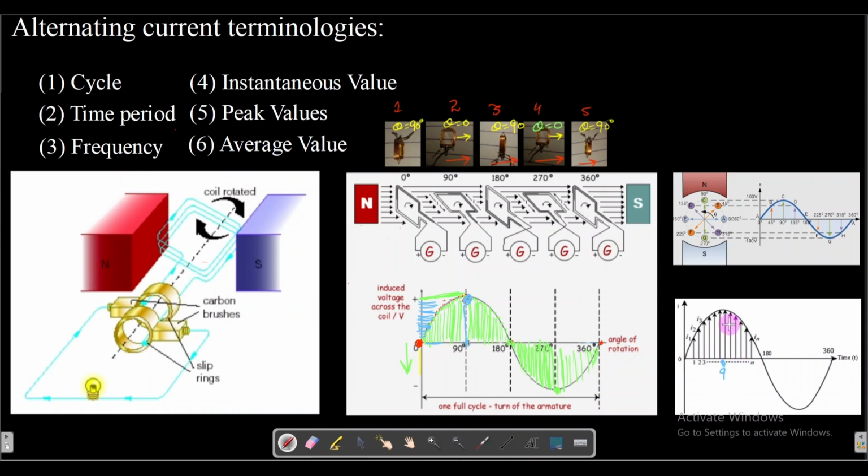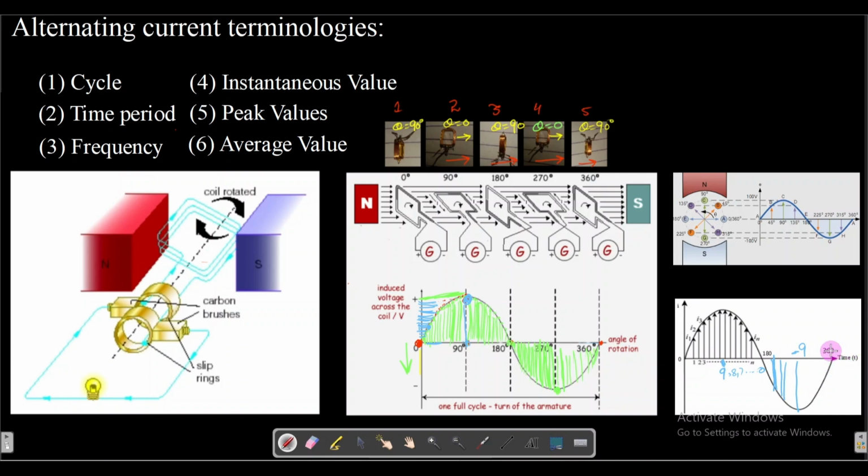Now it will be decreasing, from 9 to 8, 7 and up to 0. So at 180 degrees it will become 0. Similarly, in this case this is -1, -2, -3, -4 and up to here at the maximum it will become -9.